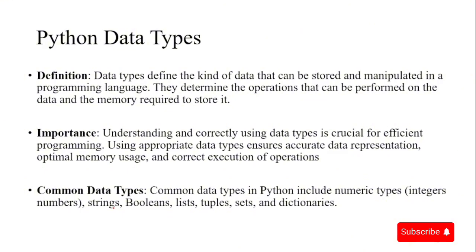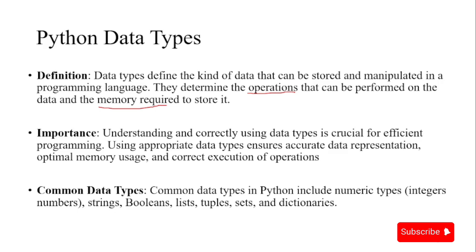These data types determine the operations that can be performed on the data and the memory required to store that data. So that is how we can define a data type.